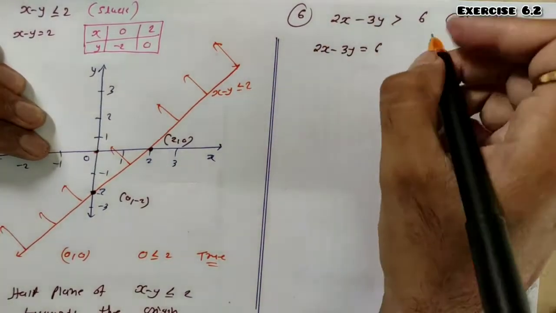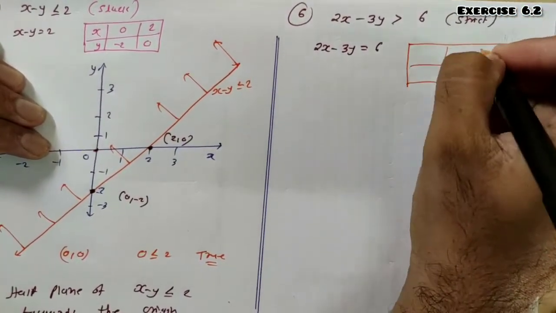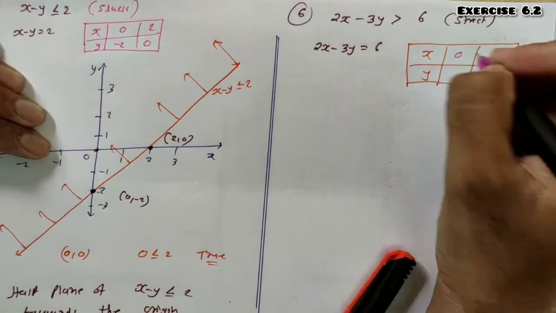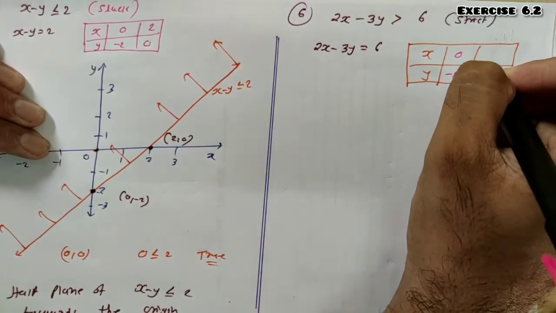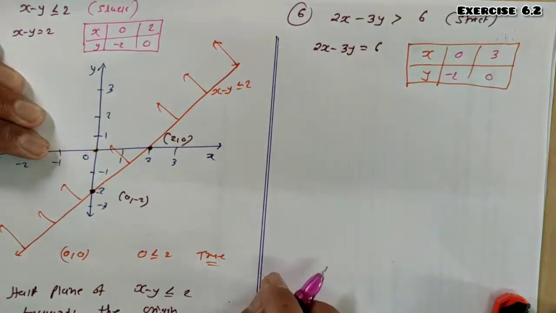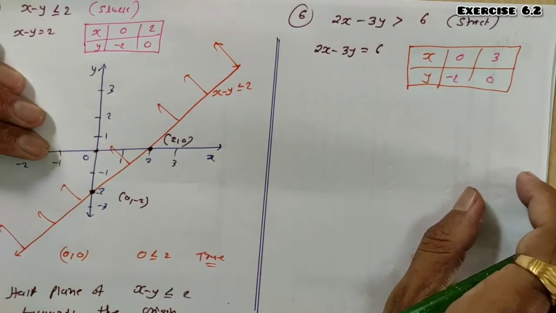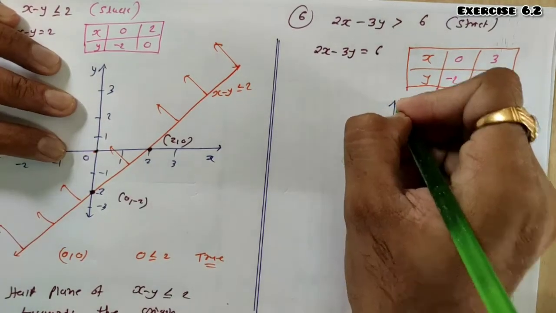This is our line. Coordinate box, values of x and y. If you are taking x equal to 0, the corresponding value of y is minus 2. If you are taking y as 0, the corresponding value of x is 3. Done. Now our graph will be like this.